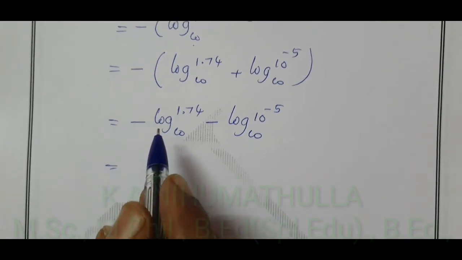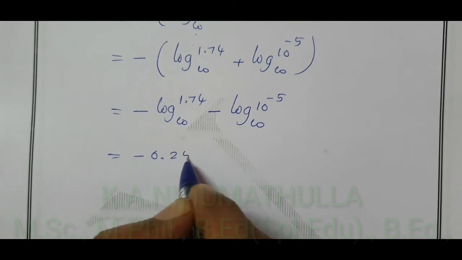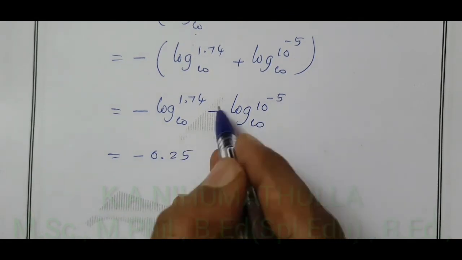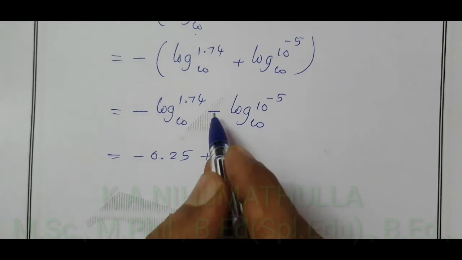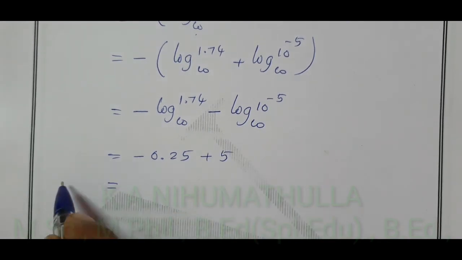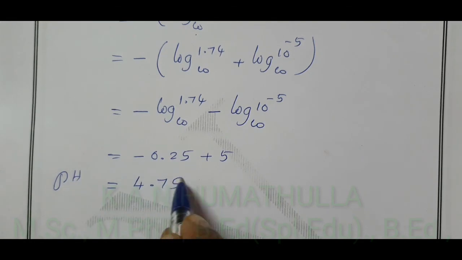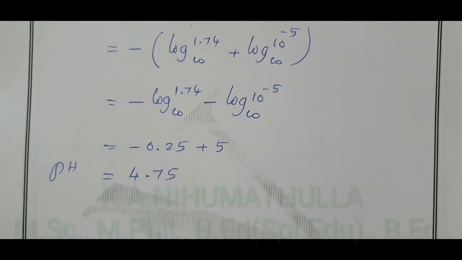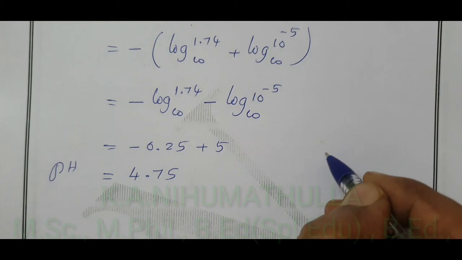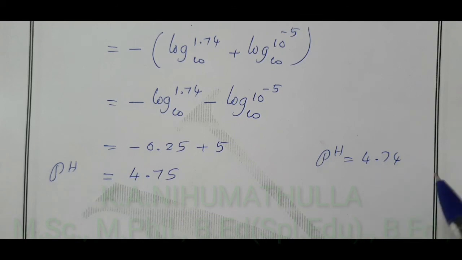Minus log of 1.74 is equal to minus 0.25. Log b power a equals a log b, so minus 5 into minus equals plus 5. That is equal to pH equal to 4.75. So before adding sodium hydroxide, the pH of the buffer solution is 4.74.